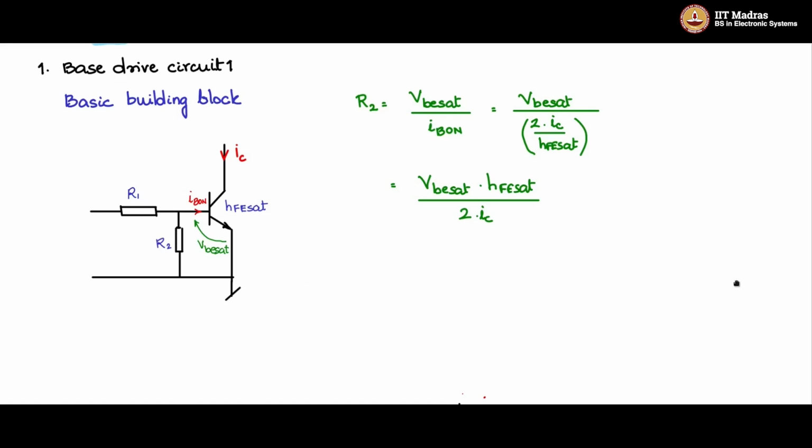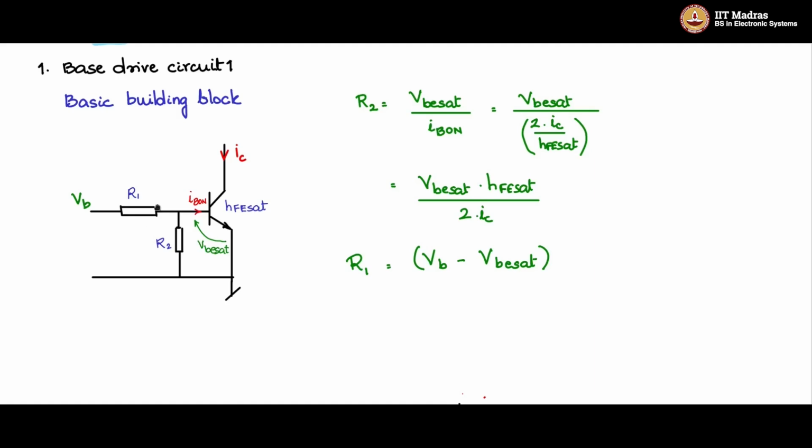Now how to find the value of R1? There is a drive signal, let us say VB, coming here. Now what is the voltage drop across R1? VB minus VBE SAT, this is the VBE SAT potential. So VB minus VBE SAT is the voltage drop across R1, divided by R1 will be the current through it. What is the current through it? There is IB on flowing through R2, and there is IB on flowing into the base of the BJT.